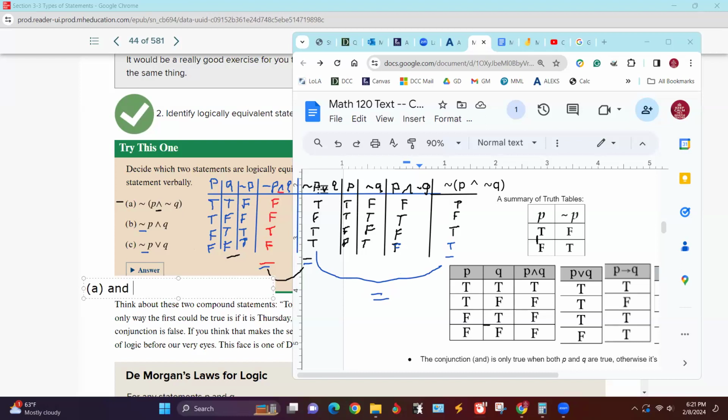A and C are equivalent. Okay. So that's the gist of using the truth tables to just find the truth values. And if two statements have the same columns, the same order of truth values, then they're equivalent.